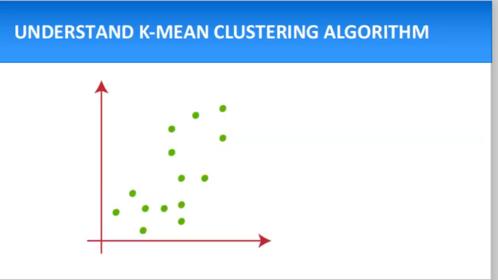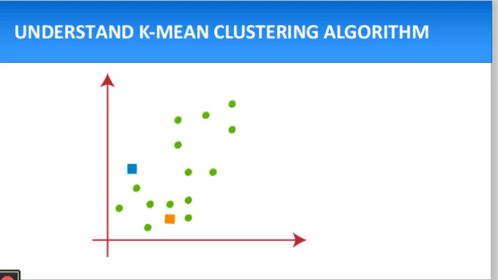Okay, now let's try to understand the concept with an example. Friends, suppose we have two variables, m1 and m2, and the x and y axis scatter plot of these two variables. Okay, now let's take the number of clusters k. For example, k is equal to 2.